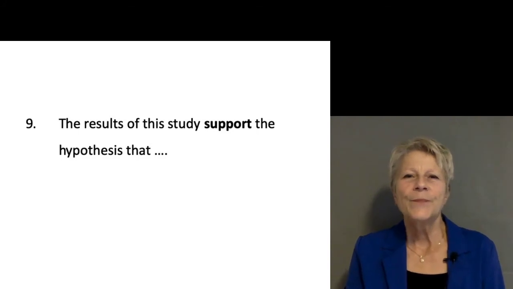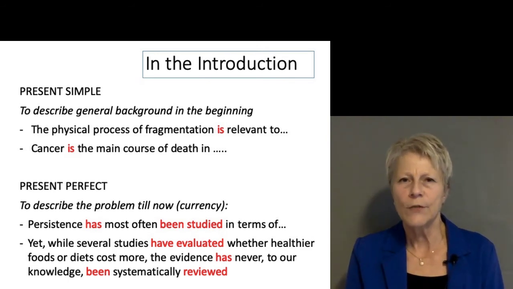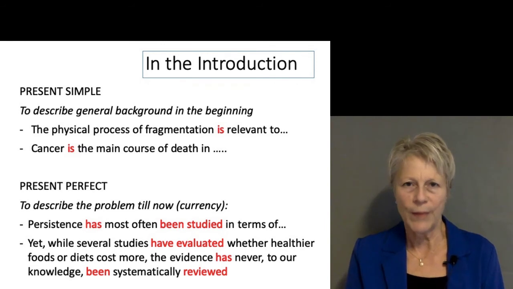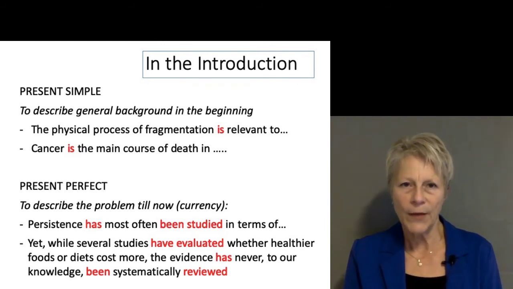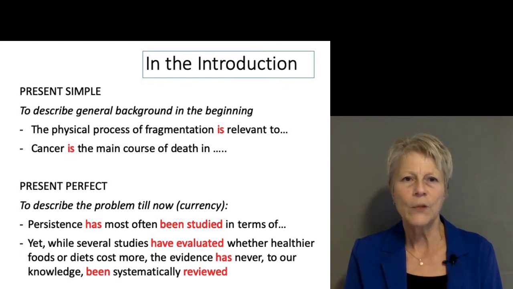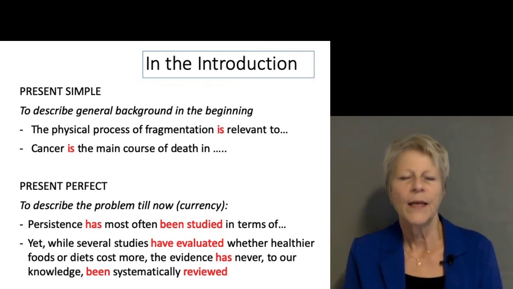So, as a wrap up, let's go swiftly through the rules and the occurrence of the several tenses in the sections of your paper. Introduction, present simple, to describe general background in the beginning. The physical process of fragmentation is relevant to cancer, is the main cause of death. Easy.